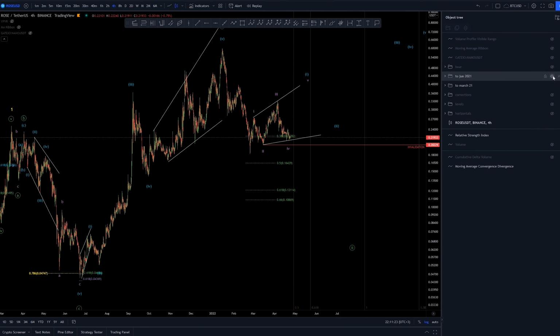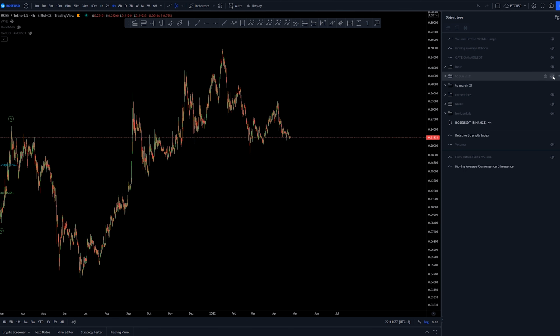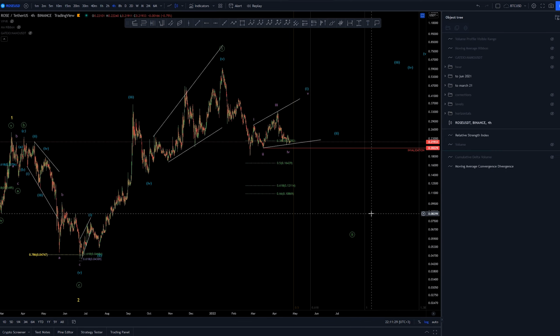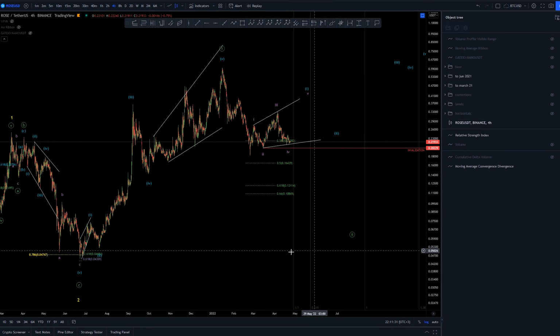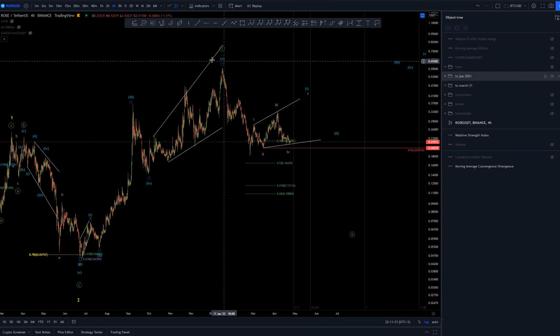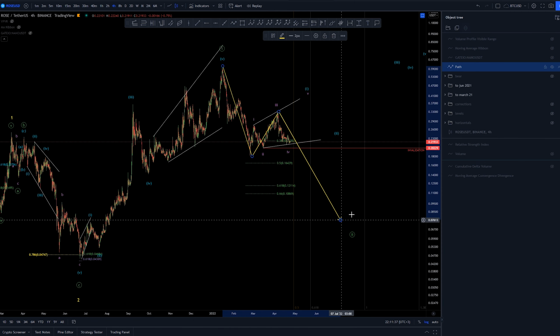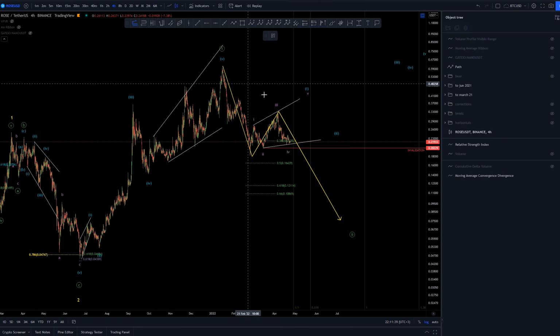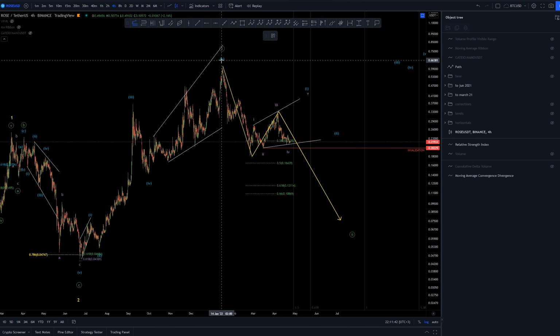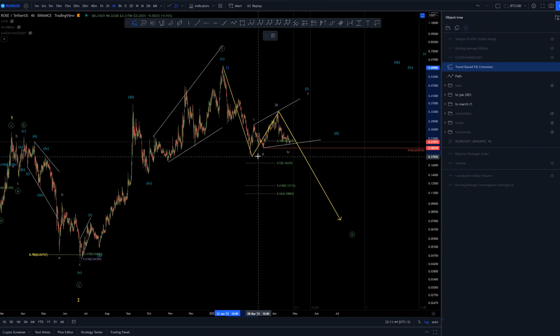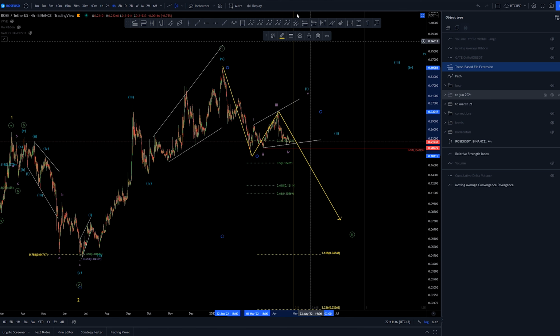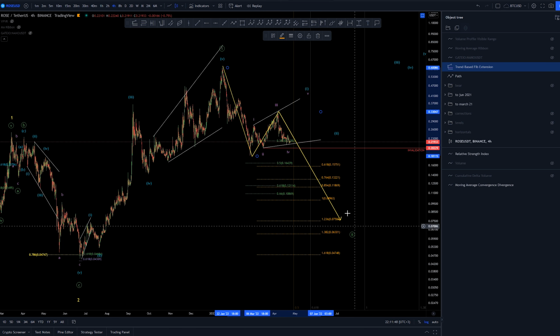Now, what are the other options? Well, if we are still looking at this as a bullish sign that this is 3 waves up here, I think this would make most sense, that we are coming down further and we have completed some kind of 3-wave move up here. So let's take some targets here and like this.